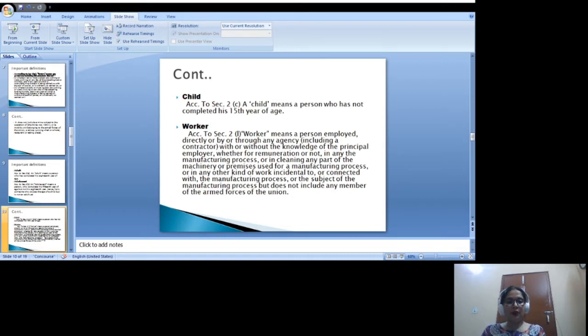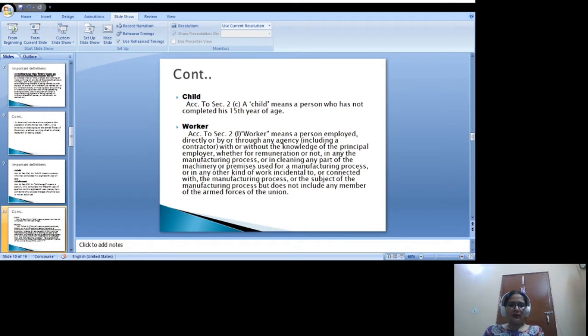Whether you are going to give money, or you are just taking their work, not for money, in any case, whether they are directly employed in the manufacturing process, or in any cleaning process, such as cleaning of machinery or cleaning of floor, somehow related to the manufacturing process, or any other work incidental to or connected to the manufacturing process, however they are employed, they will be known as worker.